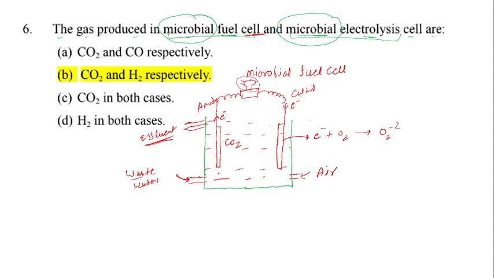Finally this effluent will be recovered after most of the impurities present in wastewater have been oxidized. So you use this wastewater to produce electricity, which is very good for sustainable energy. This is all about how microbial fuel cells work.